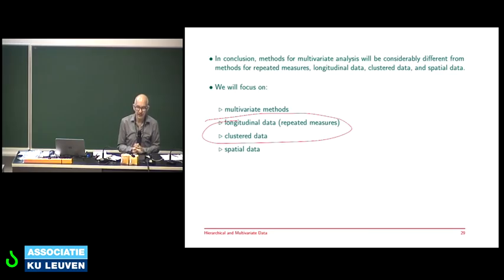And then a brief digression into spatial data. Longitudinal data and cluster data will be treated both for continuous as well as for non-continuous outcome variables. And spatial data will be treated in more detail in a different course on spatial data, so it will only be touched upon at the very end of this particular course.